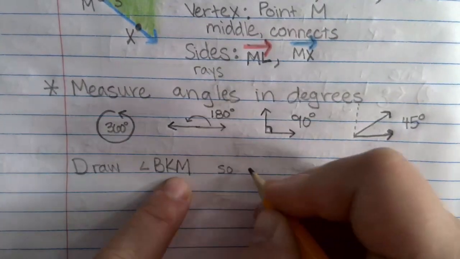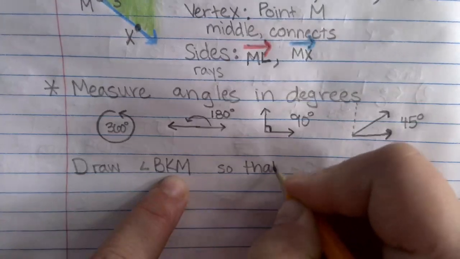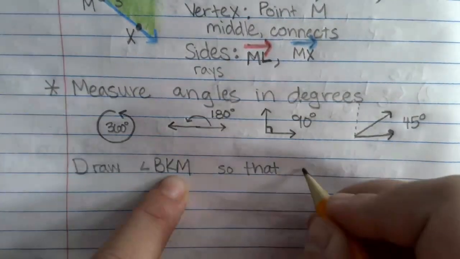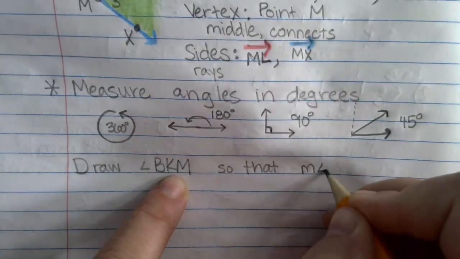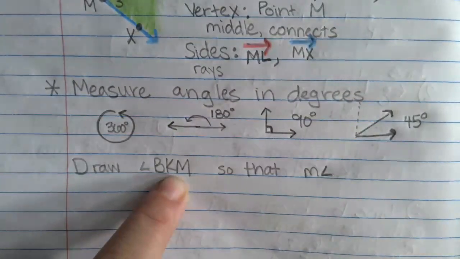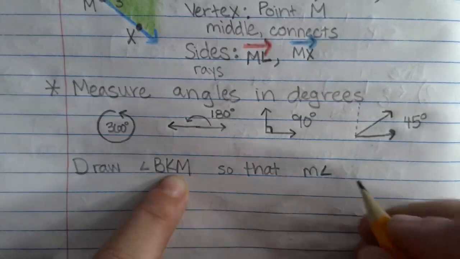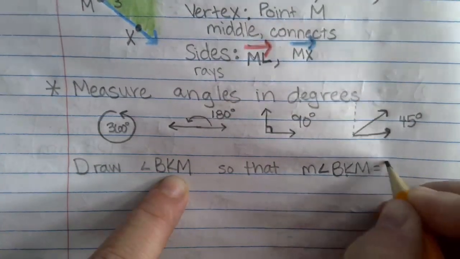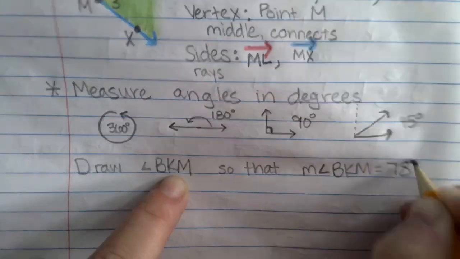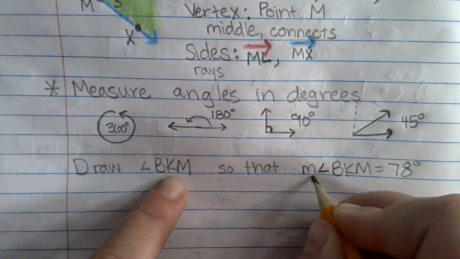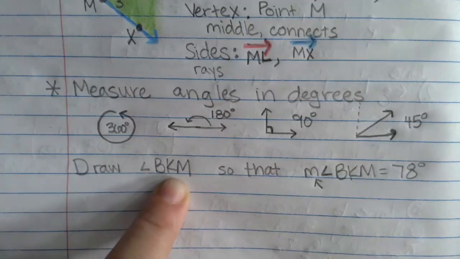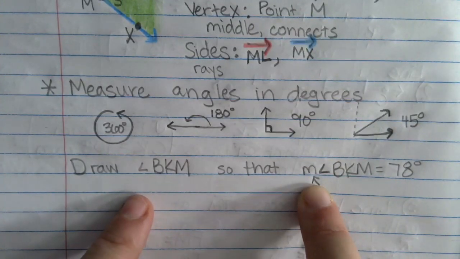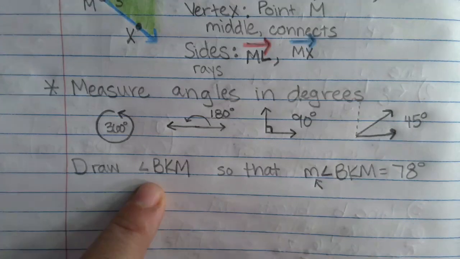So that the measure of angle BKM equals 78 degrees. So you put a little m here in this part here, and that tells us that that means measure.